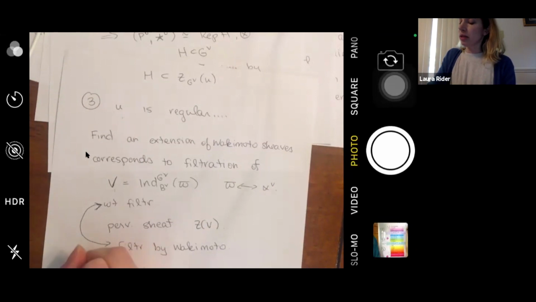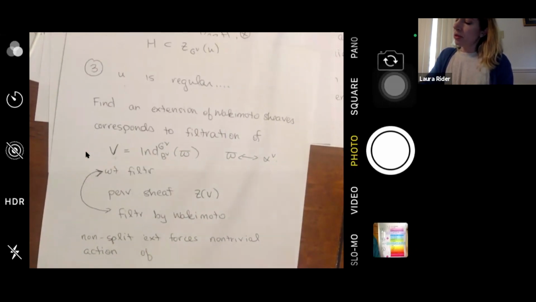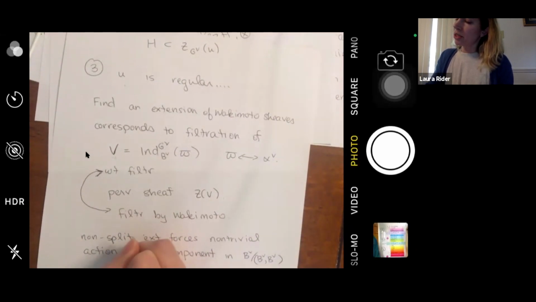So non-split extension forces non-trivial action of a component in, let's say, B check on this object.